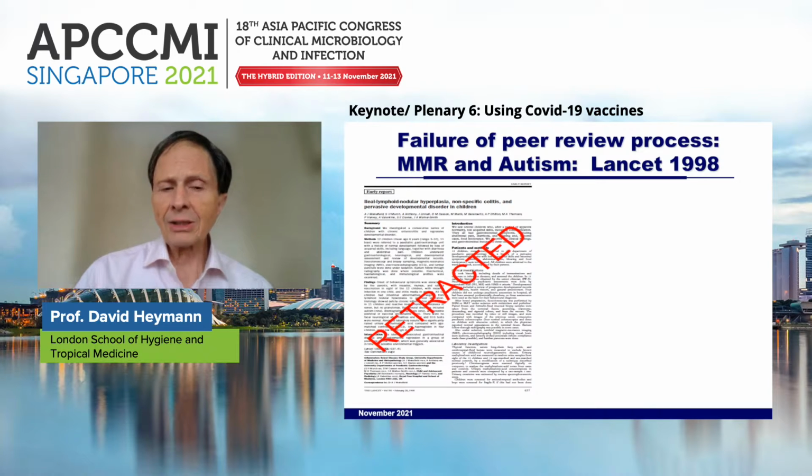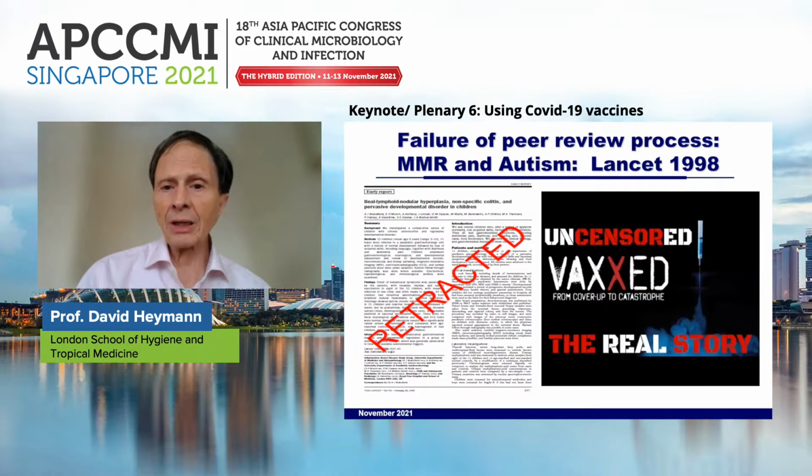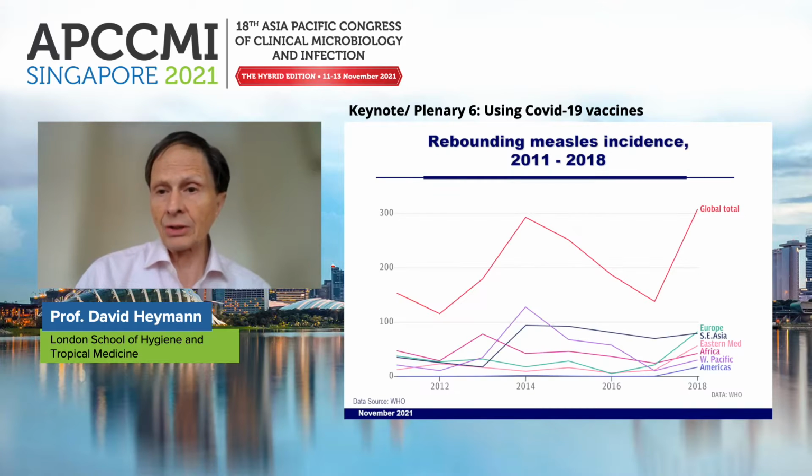However, all vaccines are very threatened by false information, and this shows you false information about measles vaccines causing autism, which was in the Lancet, and which caused a huge anti-vaccination movement around the world. And as you can see, measles has been very difficult to control since these rumors have been out in public.